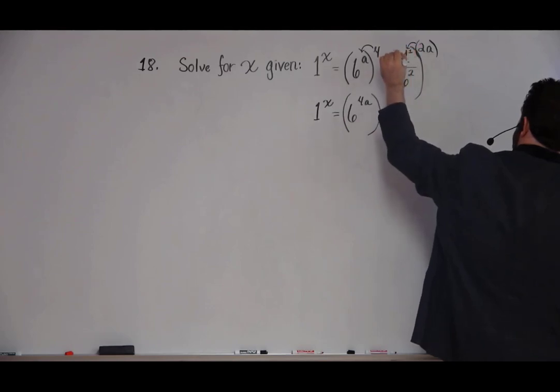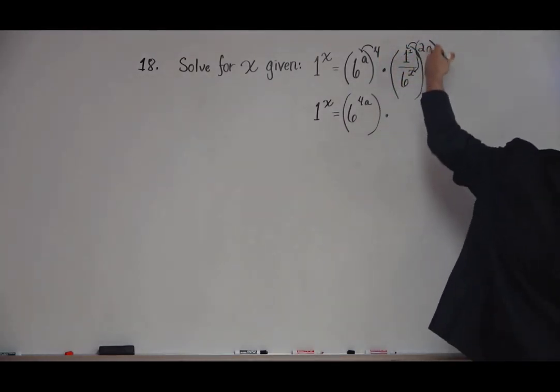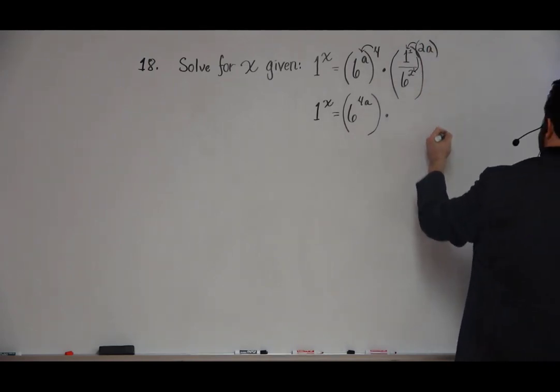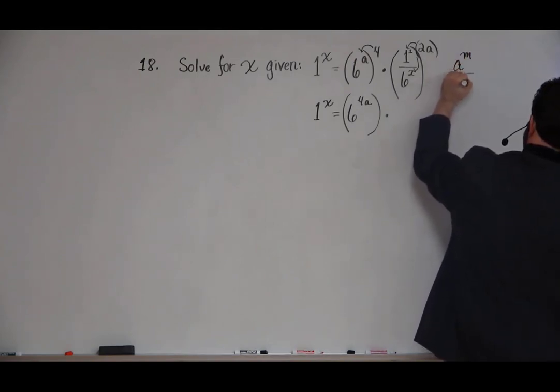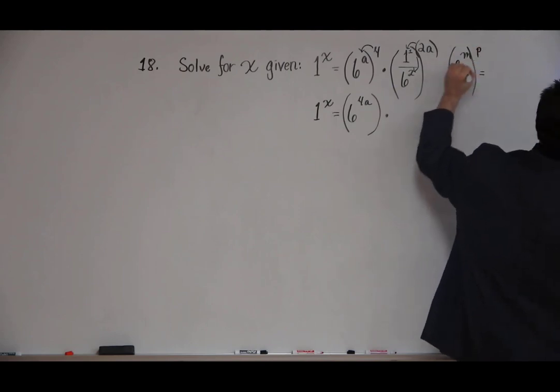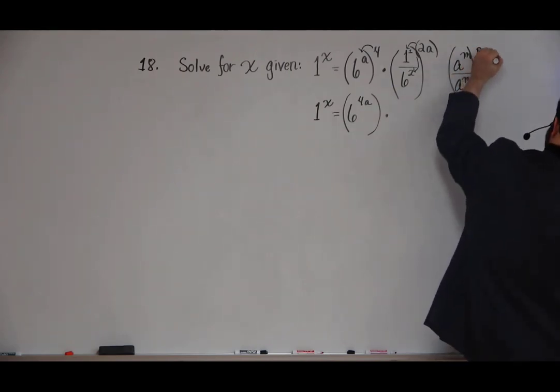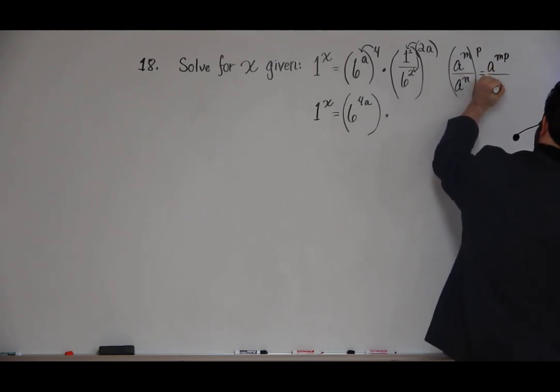Now, the next thing, we're going to distribute, multiply this entire exponent to each of the exponents here. This one has an exponent of 1, and this one has an exponent of 2. This is the power of a quotient rule. It says a to the m over a to the n, the whole thing raised to the power p, equals a to the mp over a to the np.